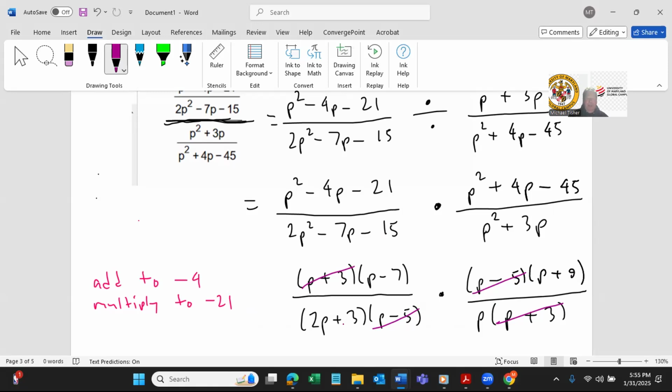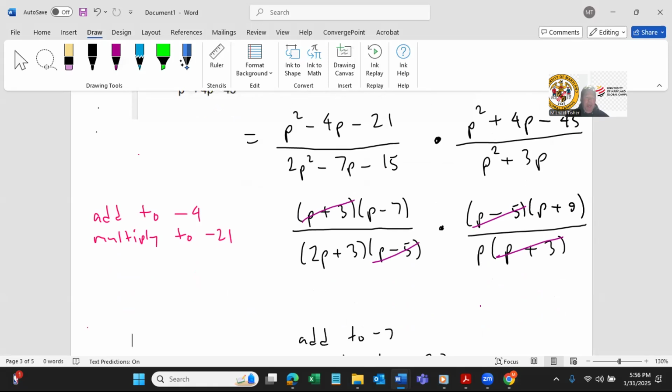Next factor is 2p plus 3. You're right, they're available, but there's no 2p plus 3. Next factor is p, another available factor, but there's no p in the top. So we're done with all the matchmaking for this problem.